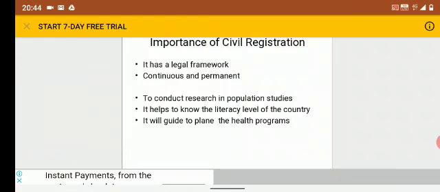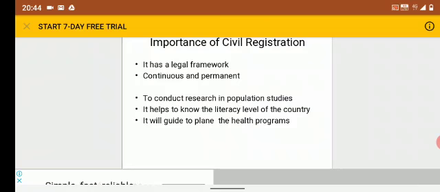It is a continuous and permanent process. To conduct research in population studies, civil registration has a fantastic role. It helps to know the literacy level of any country, and that is true in the case of India also.